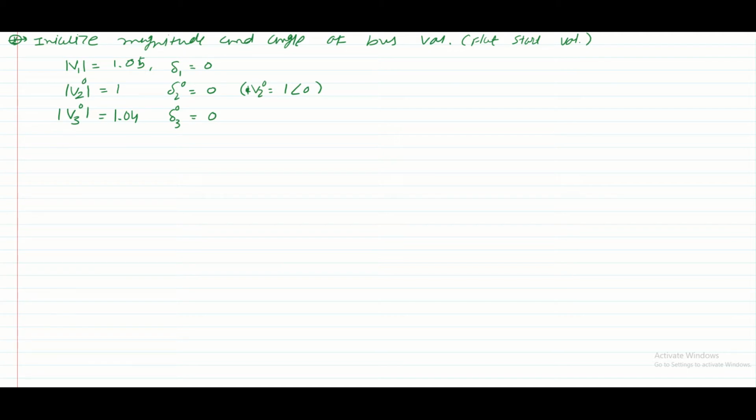Okay. Now, next is net active and reactive power at each bus, or we can say scheduled power.